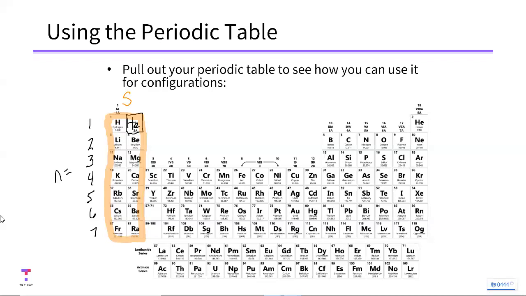Their last electrons are going to have an S designation in their electron configuration. So hydrogen and helium, that would be the 1s. Lithium and beryllium, that would be the 2s. Sodium and magnesium, the 3s. Potassium and calcium, the 4s, and so on.